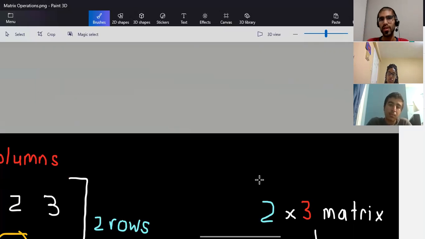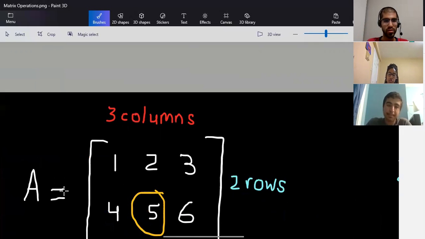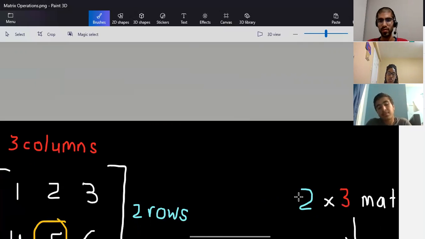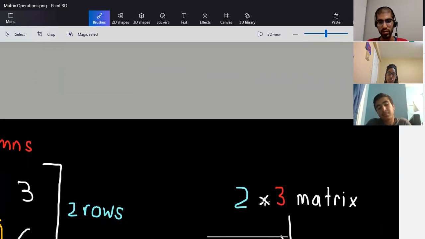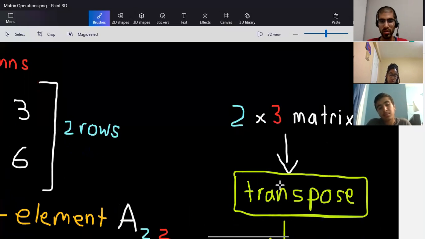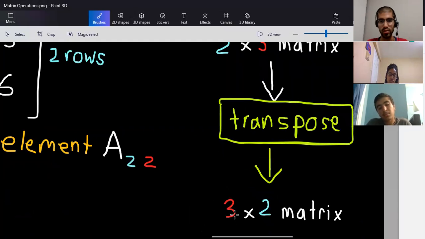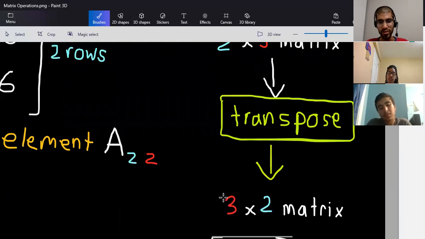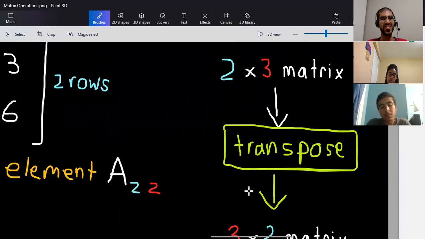Now for every 2 by 3 matrix, we could flip it. We can go from 2 rows and 3 columns to the transpose of the matrix, which just means we go to 3 rows by 2 columns.